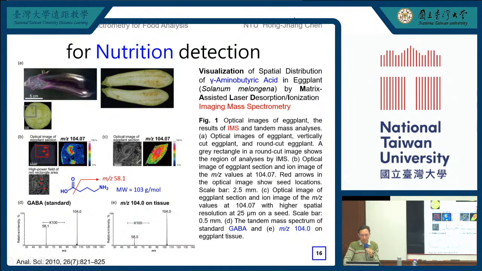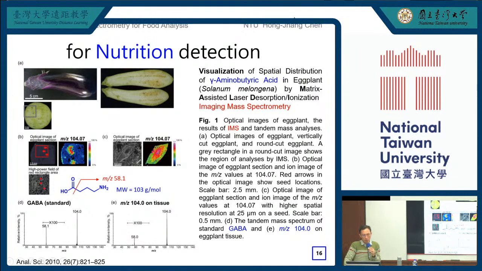In this case, they use imaging mass spectrometry. They can combine imaging and the mass technique to do that. So they detect the M/Z 104, and we can see that this one is GABA.